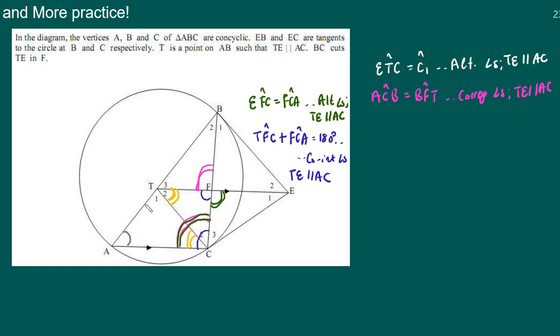Oh, so you're saying these ones here add up to 180. Yes, sir. Let's say ETA plus angle A add up to 180, and those would be your co-interior angles.